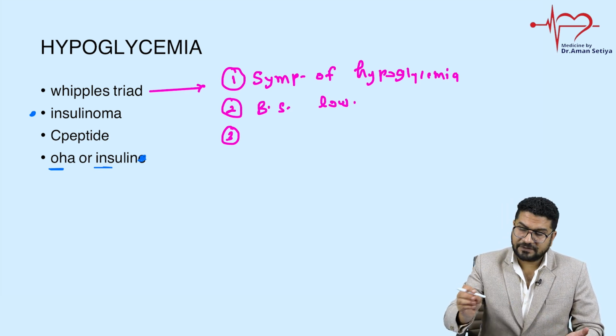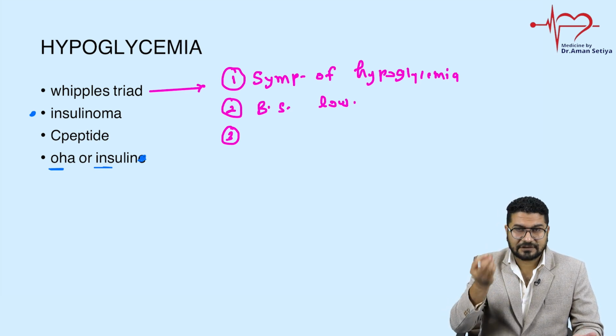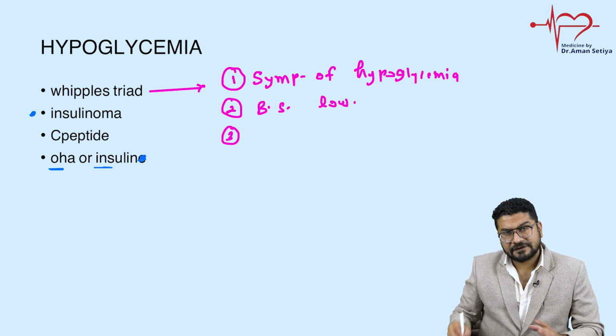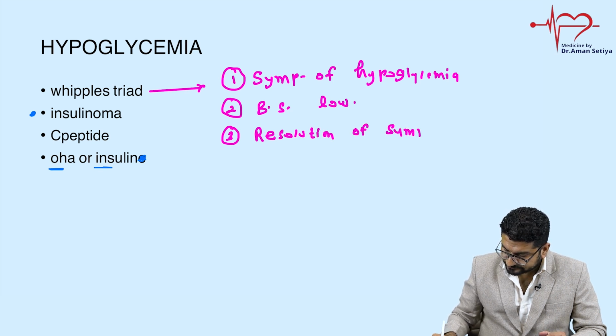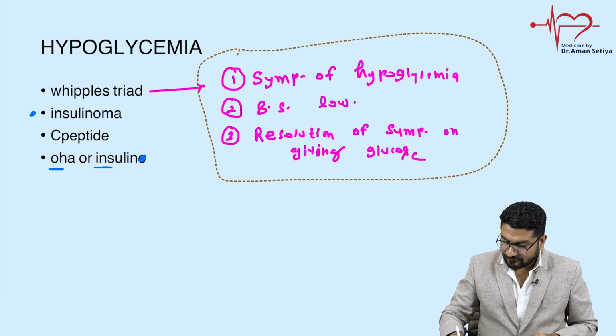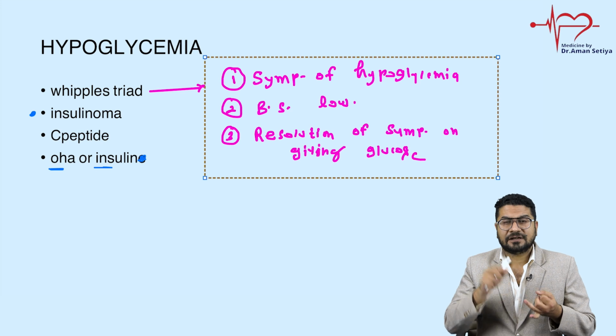Third, when you give biscuits or a sugary drink, or IV fluid like dextrose, the symptoms improve. There is resolution of symptoms on giving glucose. This is what we call Whipple's triad. Very, very important, and not as difficult as the triads we see in surgery. In medicine, triads are simple: the patient has a symptom, sugar is low, give glucose, symptom is over.